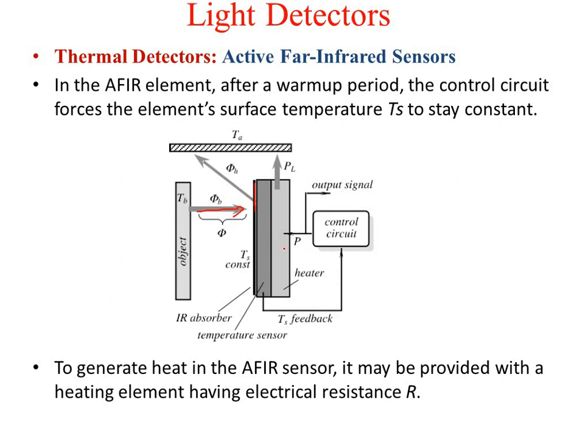If this temperature goes below or above this, then you have to heat or cool down the temperature so that TS is kept constant. Whatever changes occur are because of this phi, and this phi will cause the change in temperature. That change is proportional to this infrared radiation because you have maintained this temperature constant. Okay, so this is how the general principle is used.